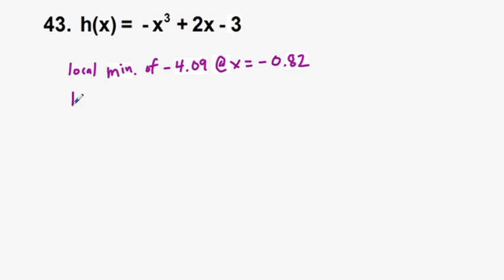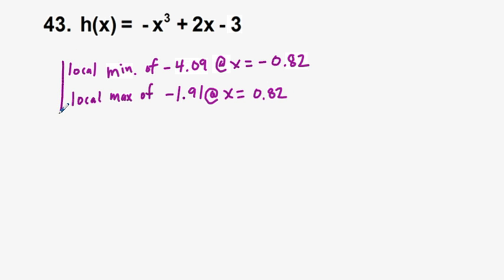So we say local max of negative 1.91 at x equals positive 0.82.